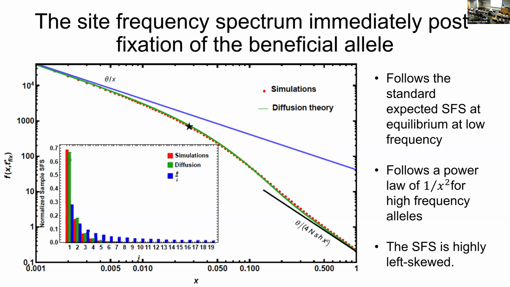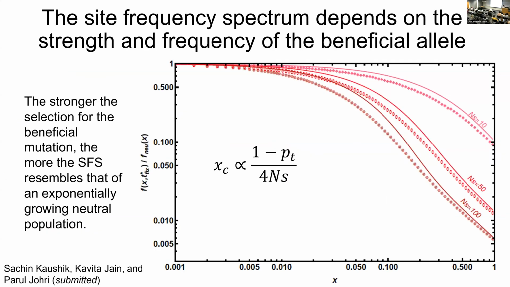One interesting thing just for theory people is that the SFS starts off very similar to a standard equilibrium SFS, but actually asymptotes towards a 1/x² power law, where x is the allele frequency. We can predict where the crossover between these two trends would occur, and how that's related to the selection coefficient of the mutation and the allele frequency of the beneficial mutation.